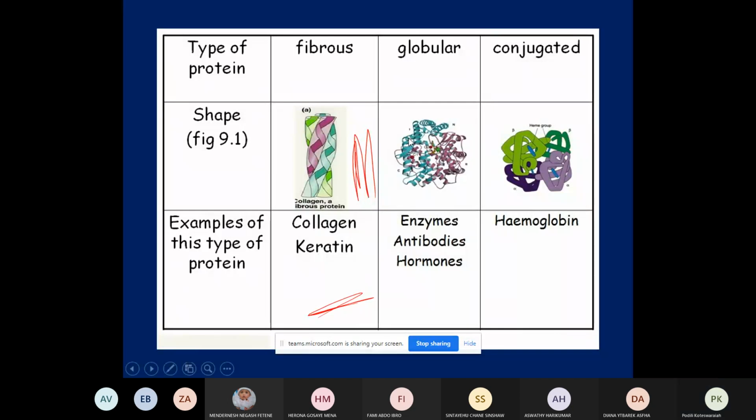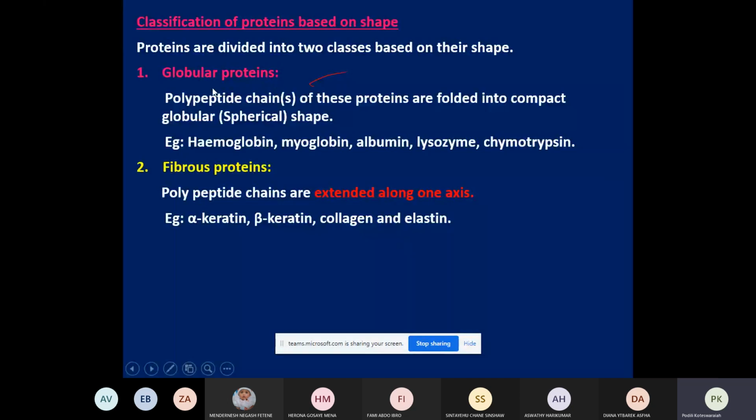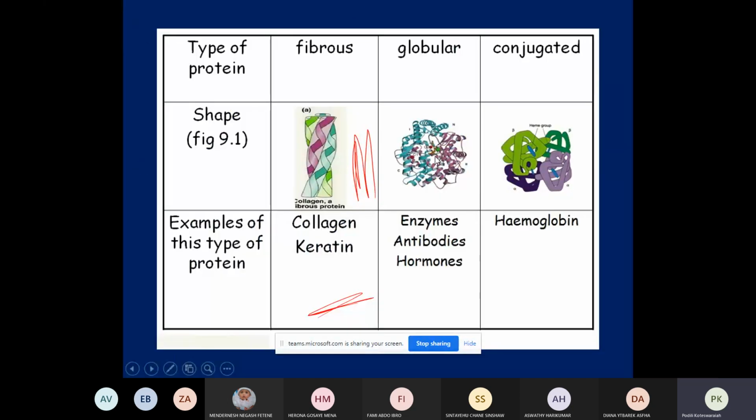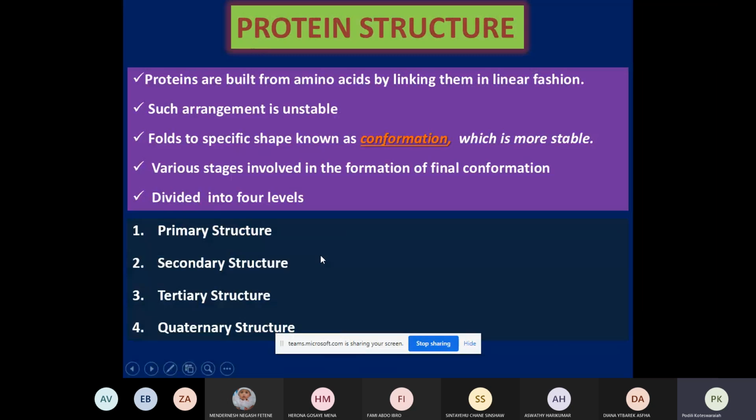That means based on the shape, proteins are classified into globular and fibrous. Globular proteins have various functions, like they act as enzymes, hormones, and so on. And the fibrous proteins have an elongated, extended structure, and they are mainly the components in the structural material of animal tissues. And this is about the classification of proteins based on their shape.